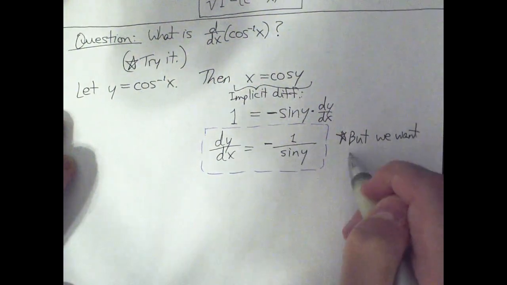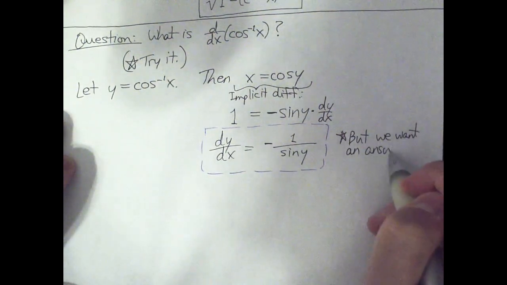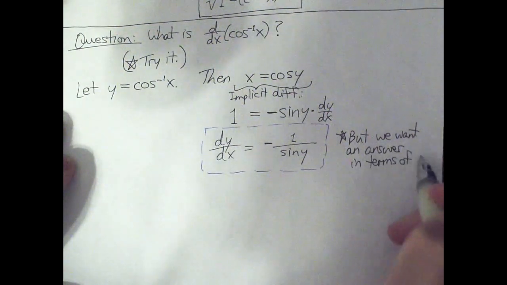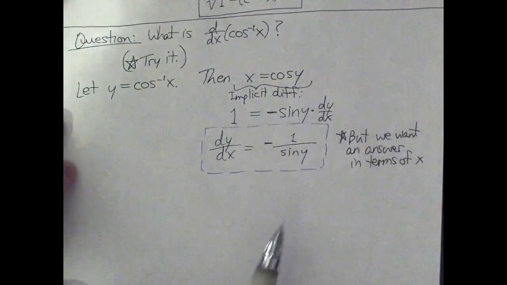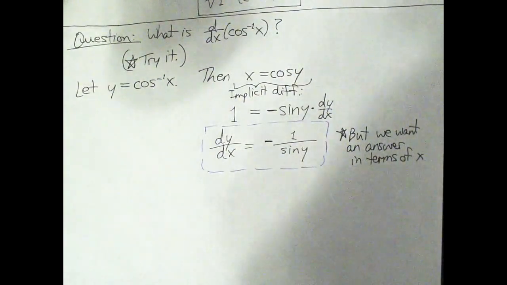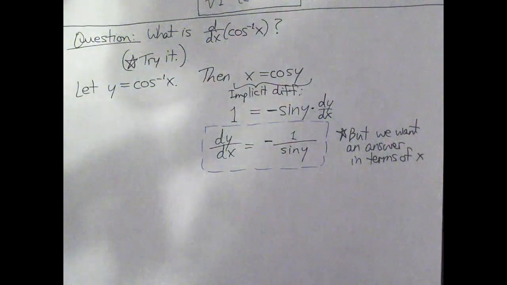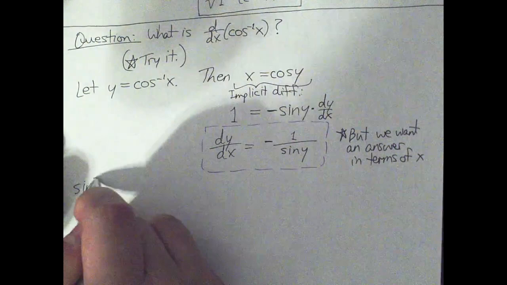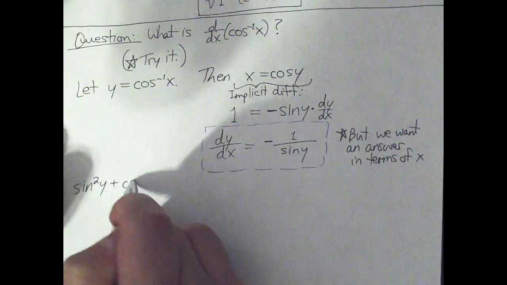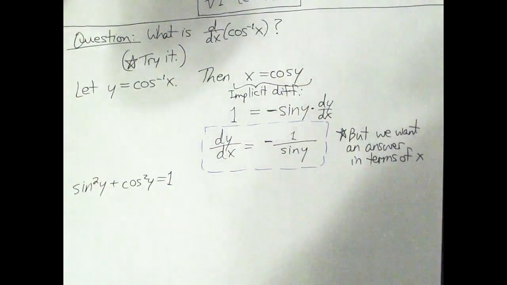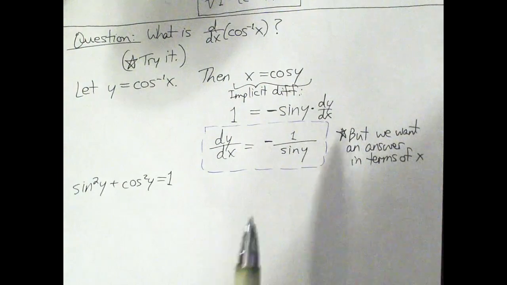Because we want an answer in terms of x. So we need to see, what can we do? Maybe we can use the same trig identity that we used before. What do you think about that? Sine squared y plus cosine squared y equals 1. When we did inverse sine earlier, the formula that we had a cosine in it.